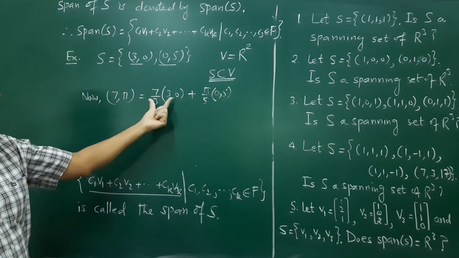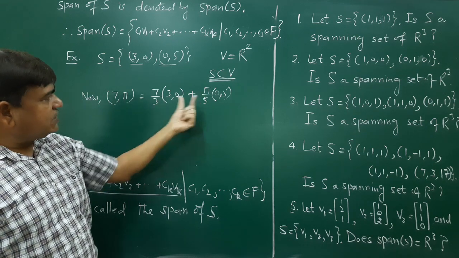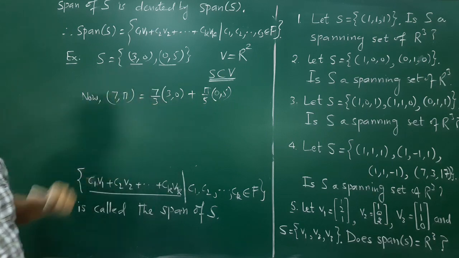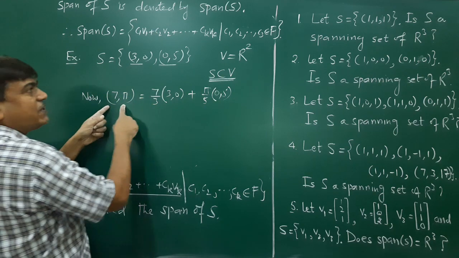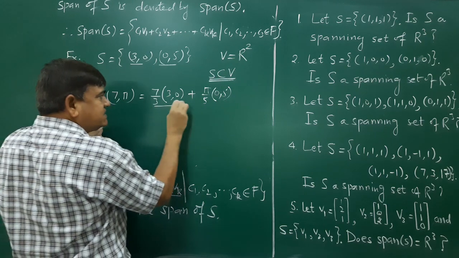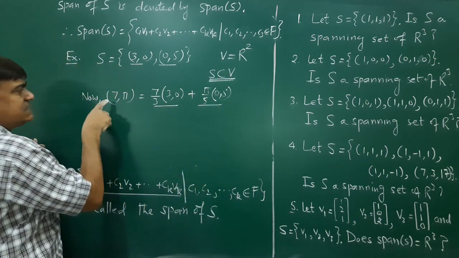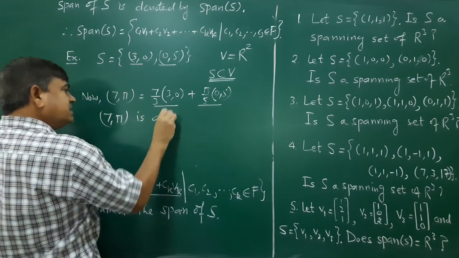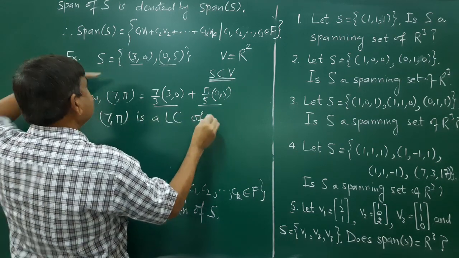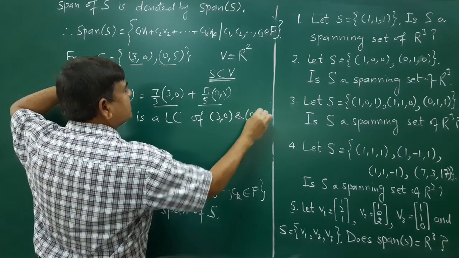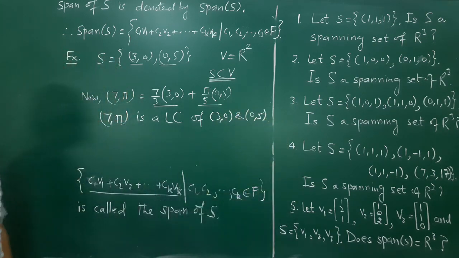See, this is 7 comma 0 and this is cancelled out, and you find this is pi. So 7 comma pi is written like this. That means 7 comma pi is a linear combination of 3 comma 0 and 0 comma 5.